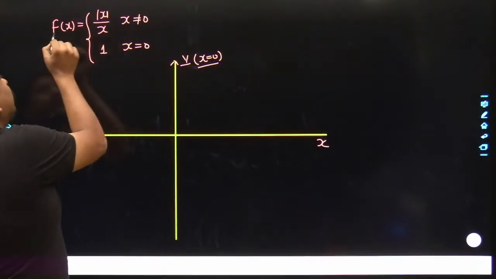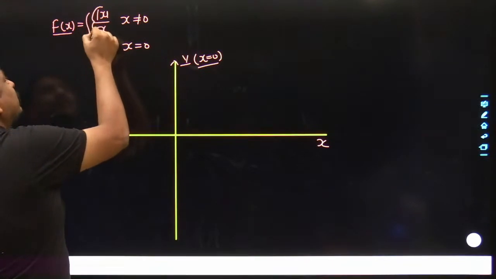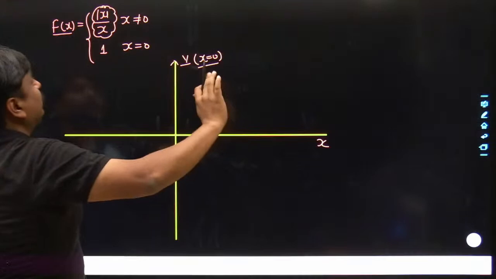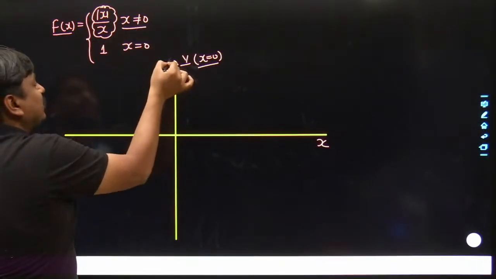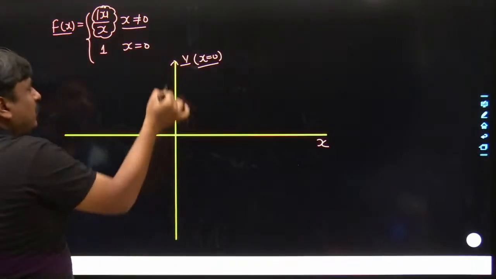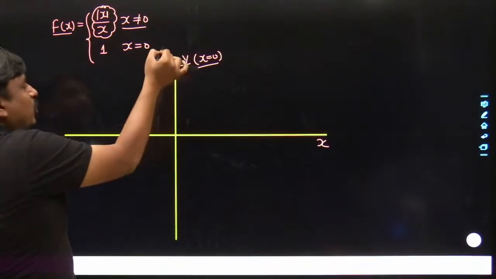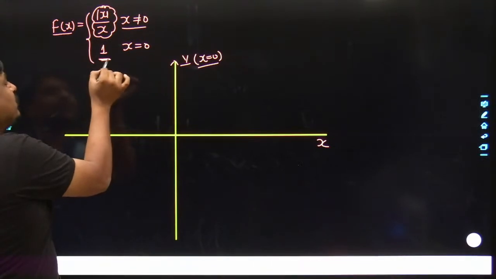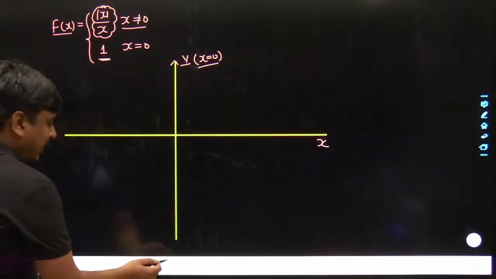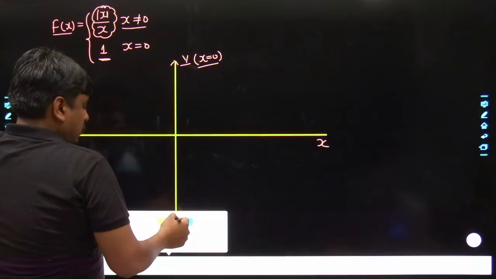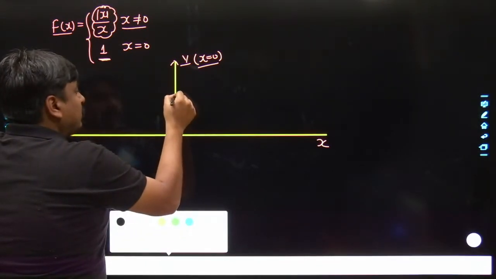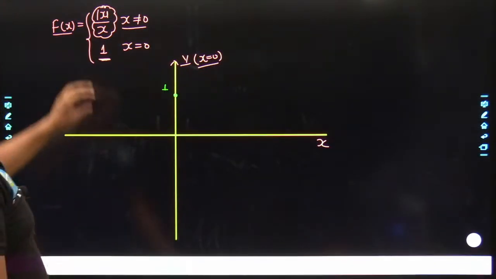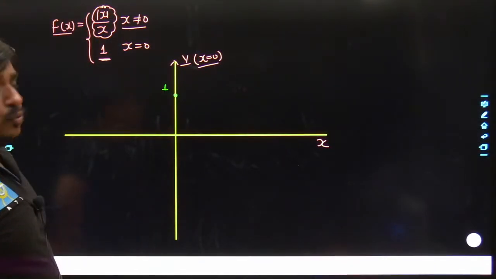So the value of the function has to be decided by mod of x divided by x for all points of x except x equals 0. That means you cannot choose the value of f of x over the y-axis, neither here nor here nor here. That has to be exclusively decided by 1. So at x equals 0, the function is 1. Let's take it as a dot over here. What's the value of it? It's 1. May I know how mod of x divided by x would look like?